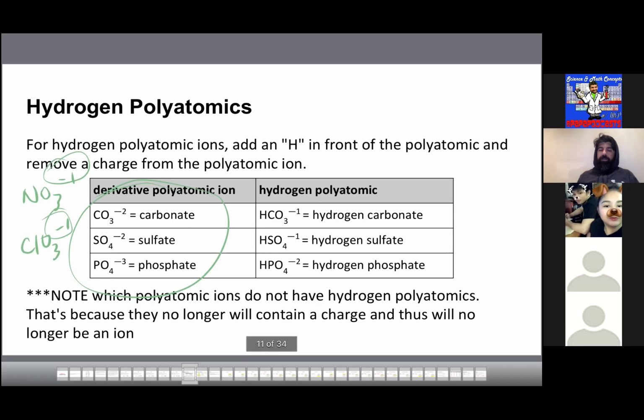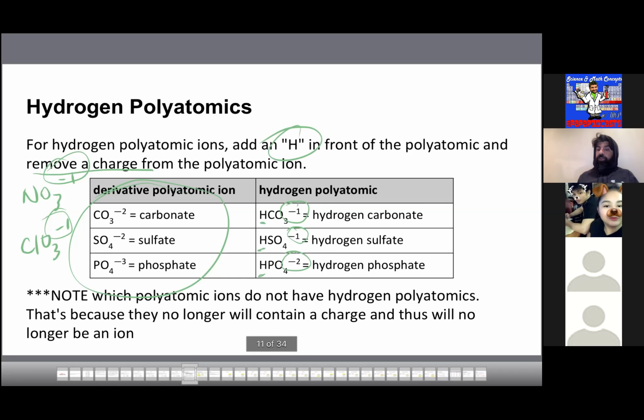Notice here, carbonate, sulfate, and phosphate each have an oxidation number of either -2 or -3. When we add an H to those polyatomics, notice how the charge, the oxidation number, drops by 1. So when we add a hydrogen, we remove a charge from the polyatomic.